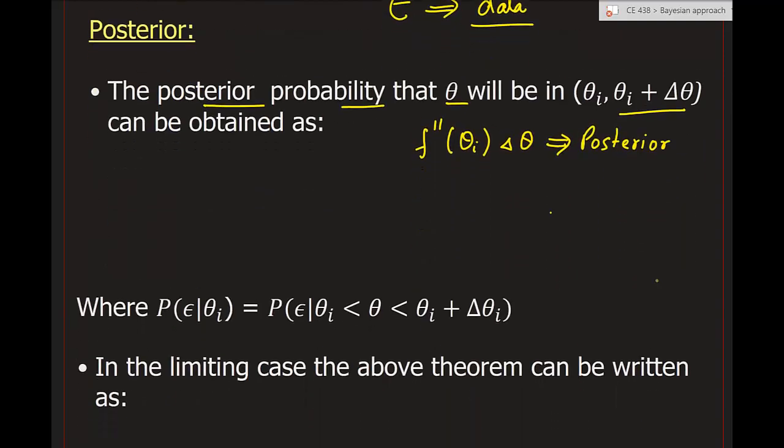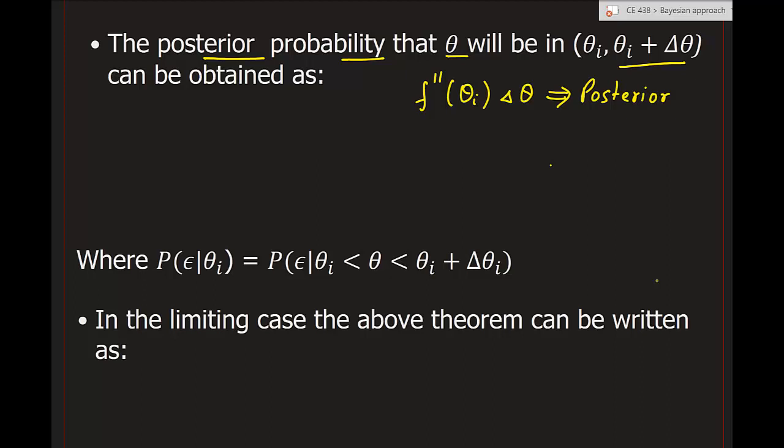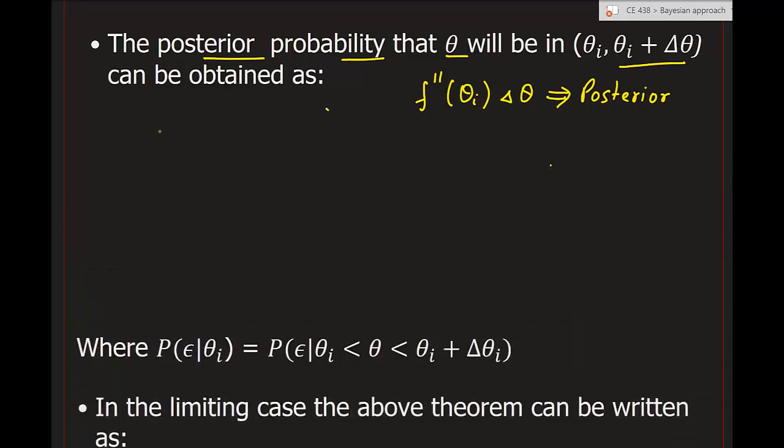So we can use Bayes theorem to calculate this. So let's write using Bayes theorem. I can write the posterior of theta_i given my data points, times delta theta. So this is a probability, and that is the posterior probability.